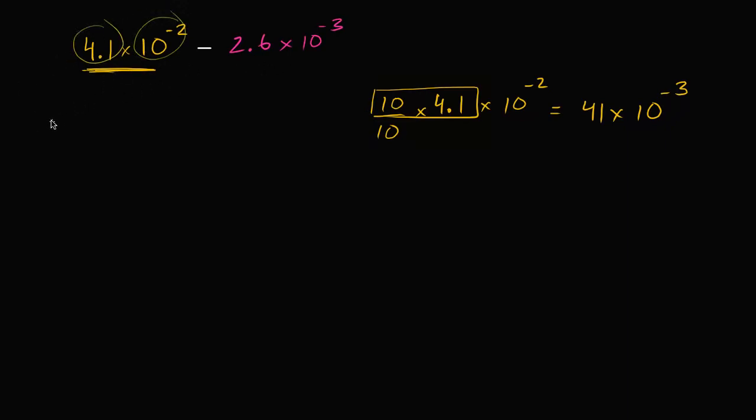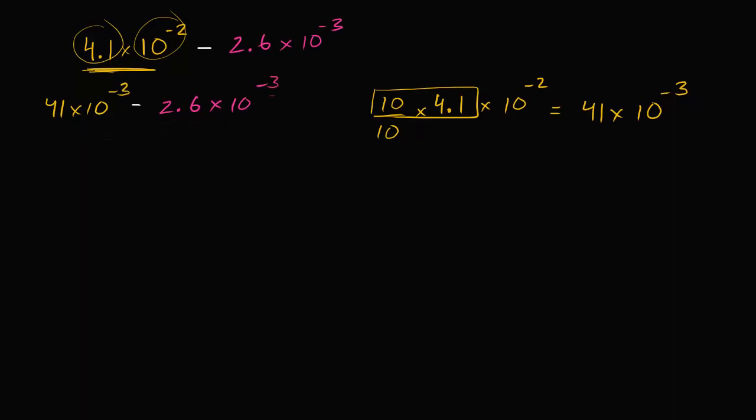So let's rewrite this. We can rewrite it now as 41 times 10 to the negative 3 minus 2.6 times 10 to the negative 3. So now we have two things. We have 41 10 to the negative 3s minus 2.6 10 to the negative 3s.